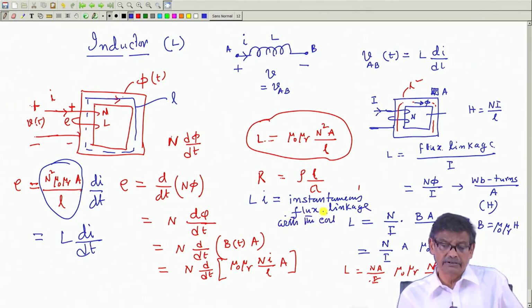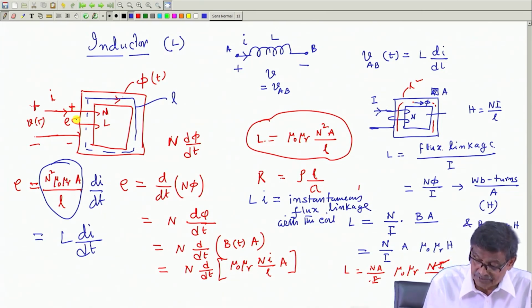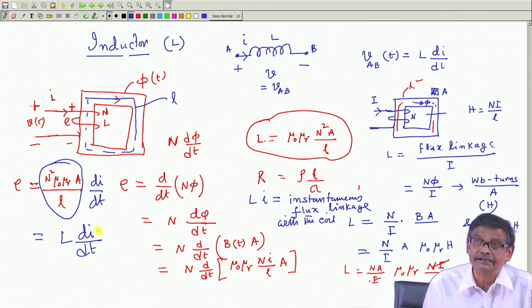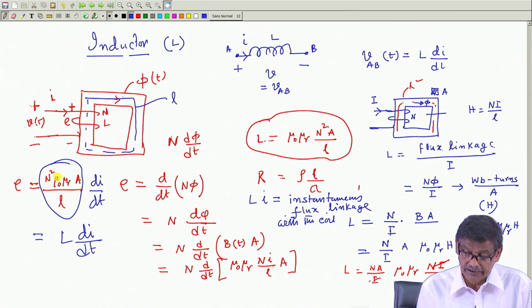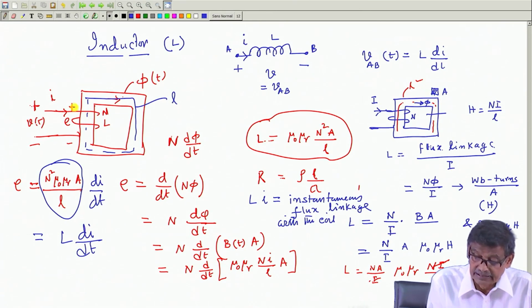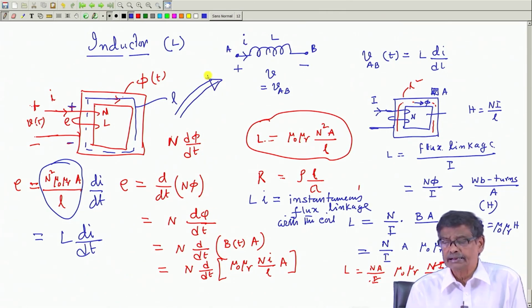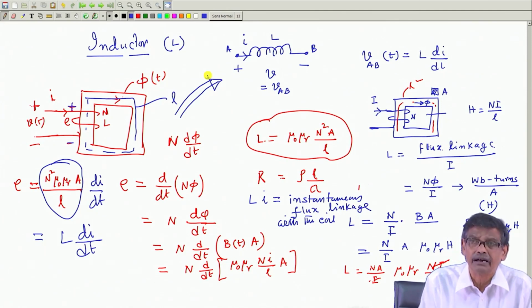I think we have got a fair idea of an inductor and what is the voltage across it. Voltage across it is L dI/dt. L is a constant property of this coil. If dI/dt is positive, current is increasing, then the polarity of this induced voltage will be: this is plus, this is minus. All these things I have summarized in this diagram. While representing an inductor in a circuit, we do not draw this elaborate diagram.